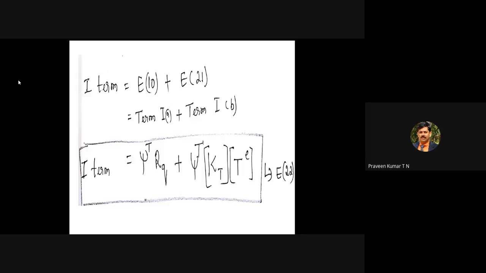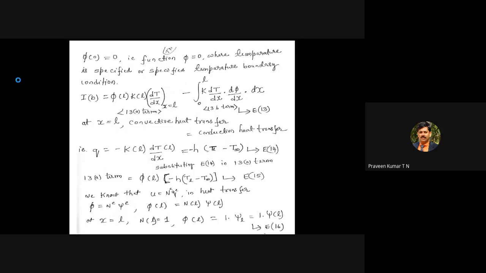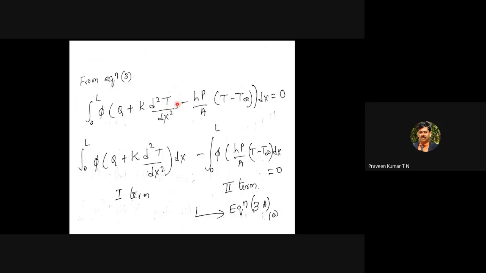Now this is your second term. If you go back, let me tell you what the second term is. You have finished this term and simplified the complete first term, and we end with one set of equations.